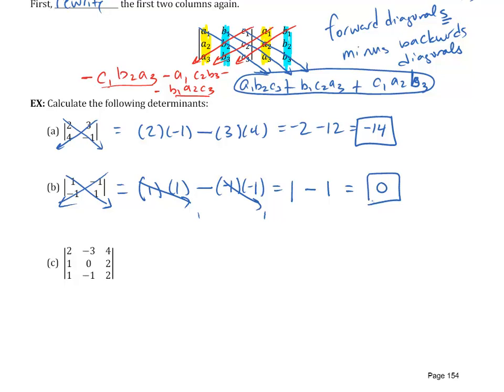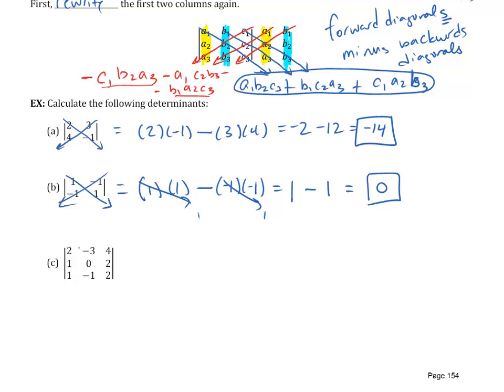In linear algebra, or in solving linear systems, when your coefficient matrix has a determinant of 0, things are bad. That matrix is called singular. You don't have a solution, or you don't have a unique solution to that linear system. We don't need to know that now, but I thought I'd throw that in just as a way of alluding to what you might be able to use determinants for later on.